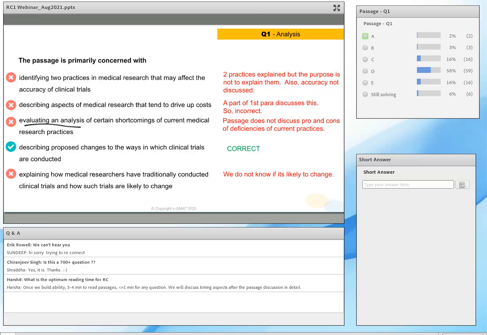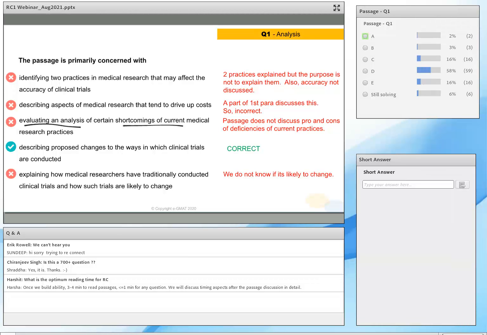So evaluate an analysis means that the author was given the analysis, somebody already did some work on the shortcomings of current medical research practices, and that analysis was given to the author, and now the author is presenting his evaluation on that analysis of the shortcomings of current medical research trials.